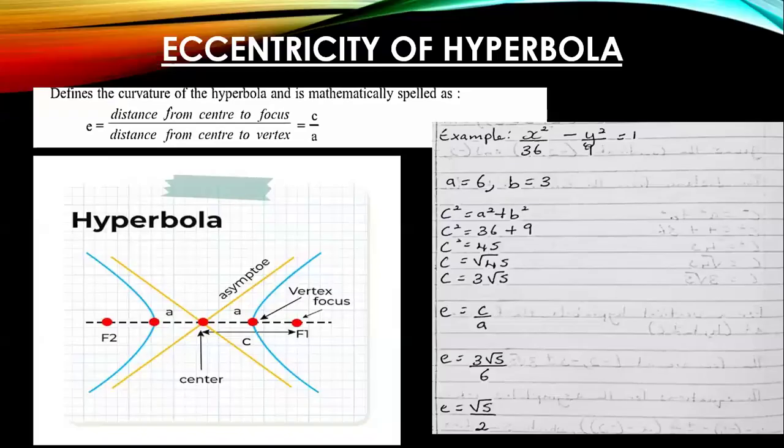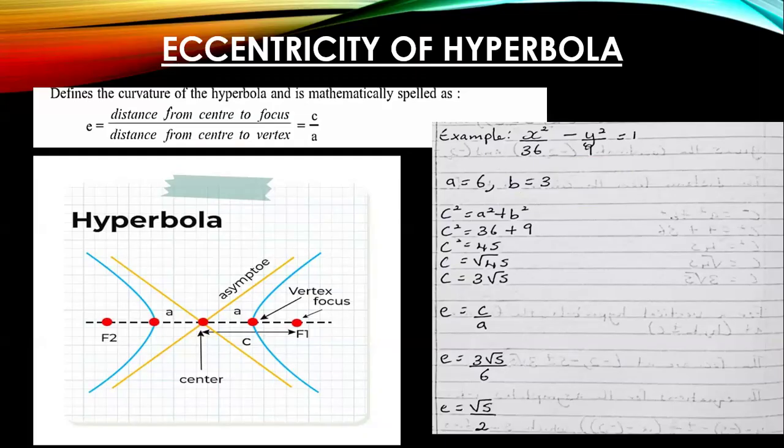So we have our a value and our b value. To find your a value, we know that a squared is 36, so you square root 36, and it gives you 6. That's your a value. To find b, you simply square root 9, and that gives you 3.